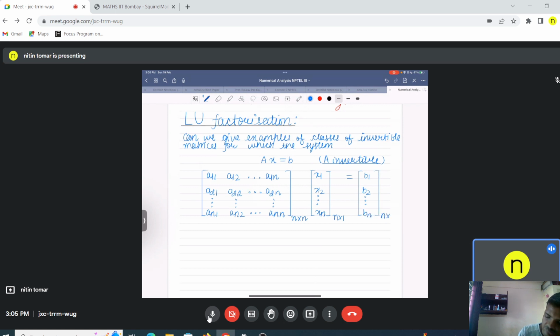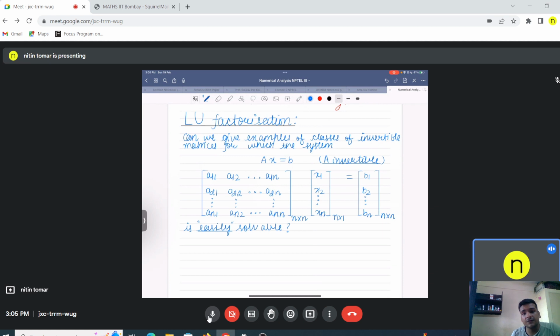So the question is, for which classes of invertible matrix A is the system easily solvable?